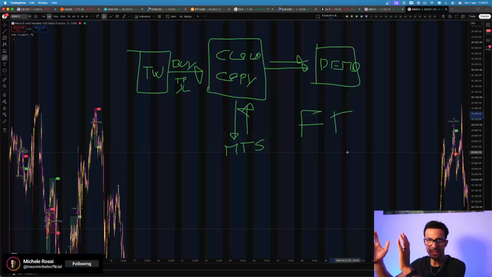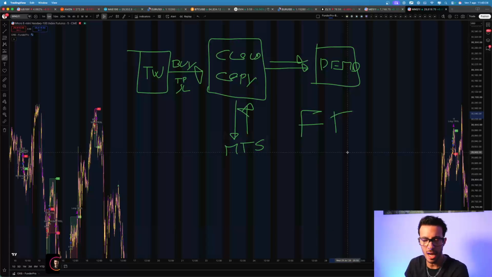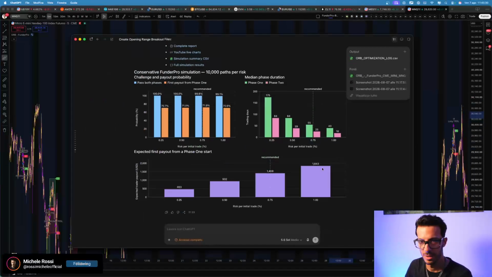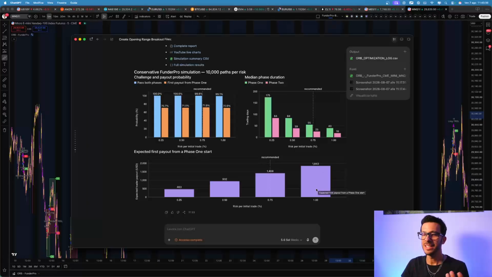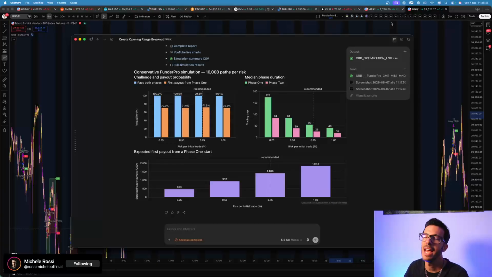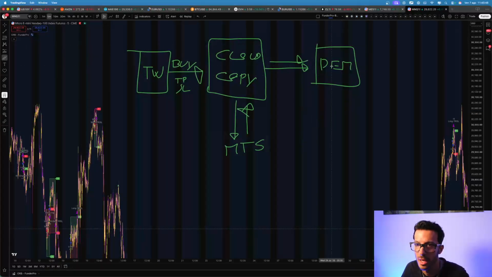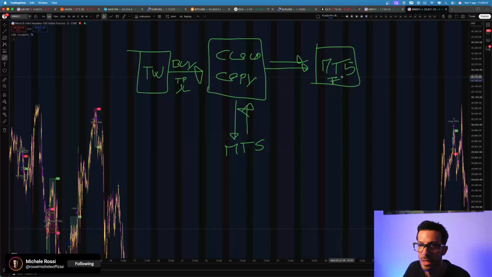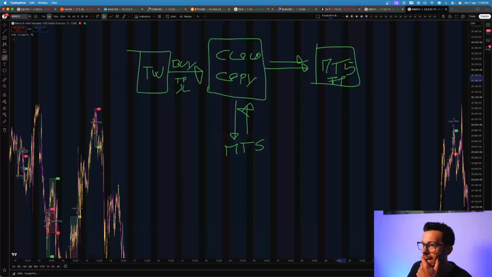We can collect the actual trades taken on a paper trading account and give them back to Codex and say, hey, I got these trades on a forward test. Do you see similarities, or are we doing something completely different? If it says you're good to go, then you can connect the account to the actual Funder Pro MT5 and begin your journey. So this is basically it.